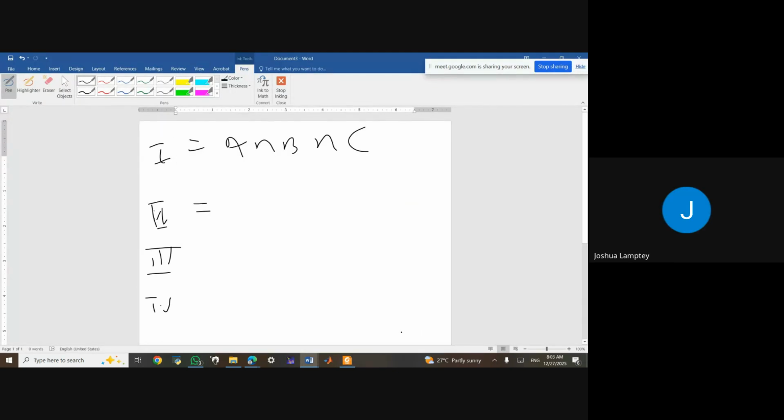It's A intersection B intersection C complement. A and C only. A and C only. Okay, any other? A and B only. Okay. Any other? A intersection B only.